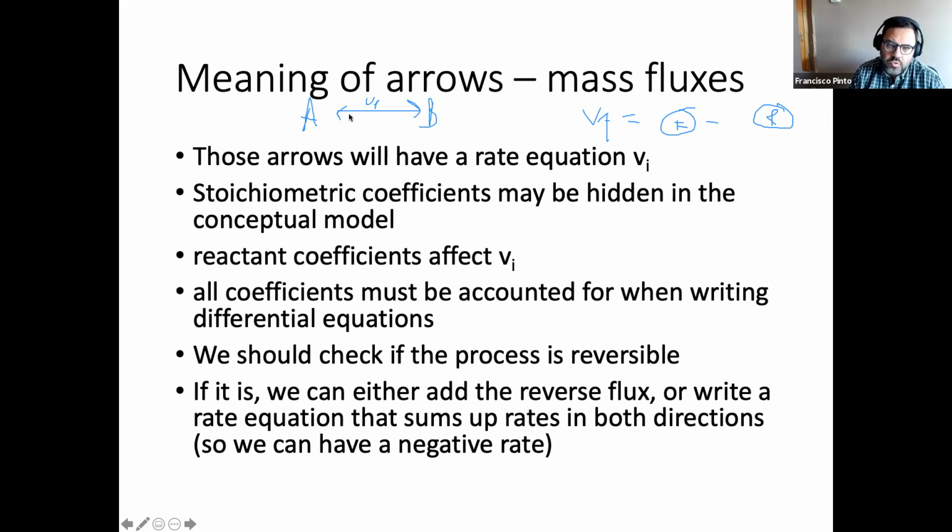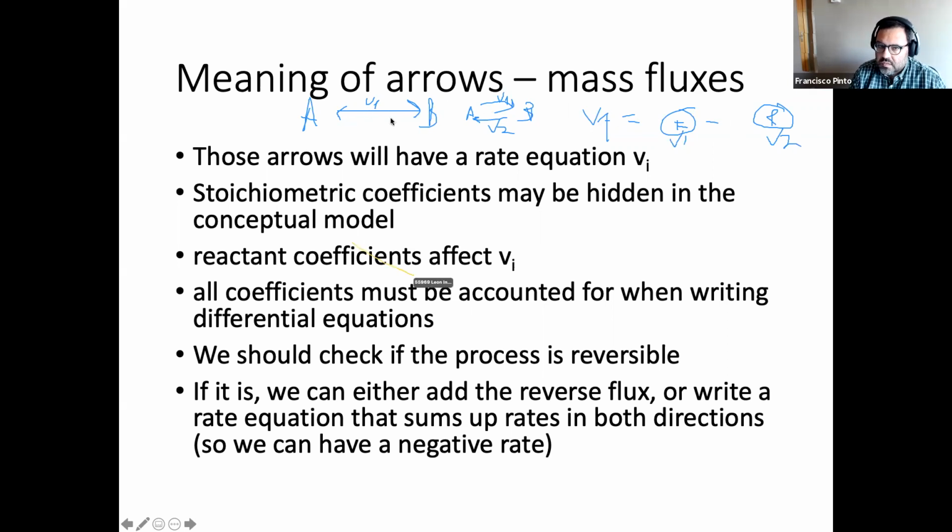But also you can do this in a different way. That is, you have A and B, and you have one arrow one way, one arrow the other way, and this would be V1, and this would be V2, for example. So you can make a choice of how you want to represent it: just have one rate expression with the 2 fluxes, or 2 independent fluxes to compute the rate in both directions.